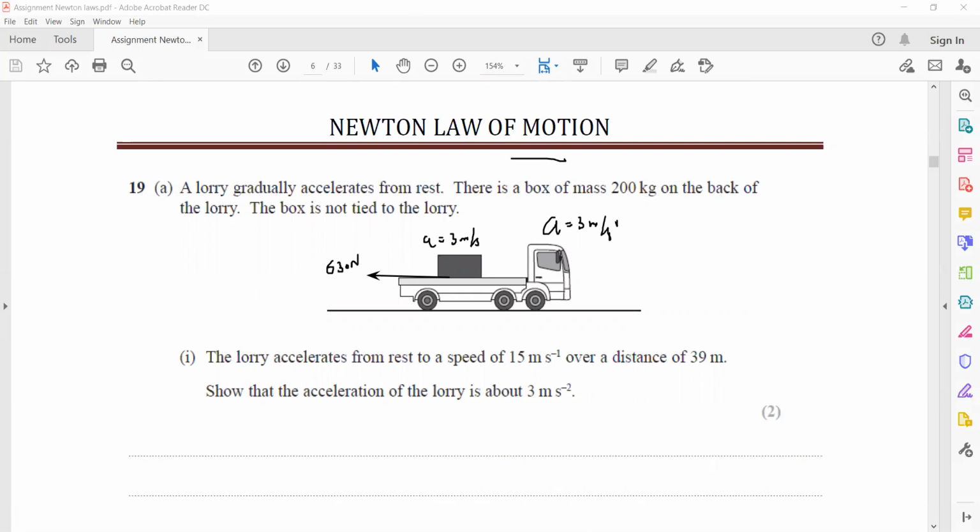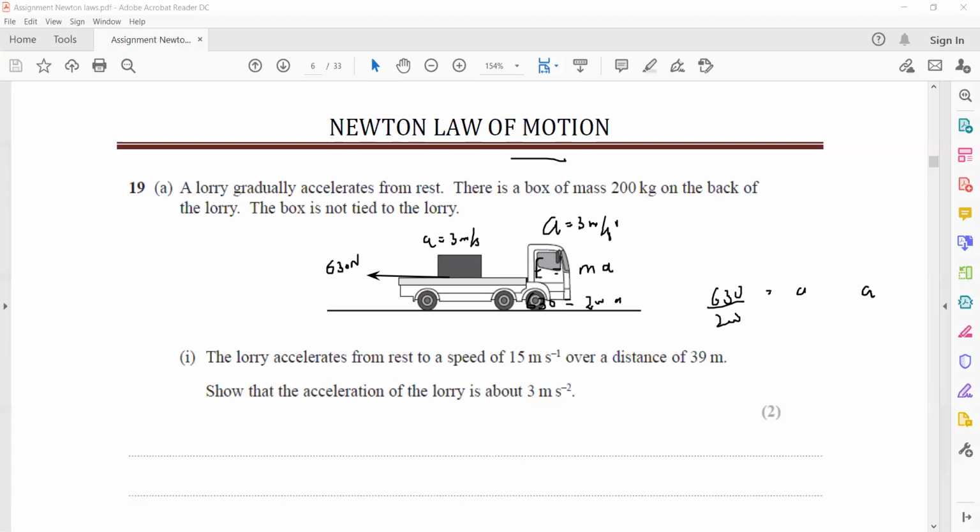So what we can use is the formula F equals ma. If the force is 630, m is the mass, which is 200, so acceleration is 630 divided by 200.